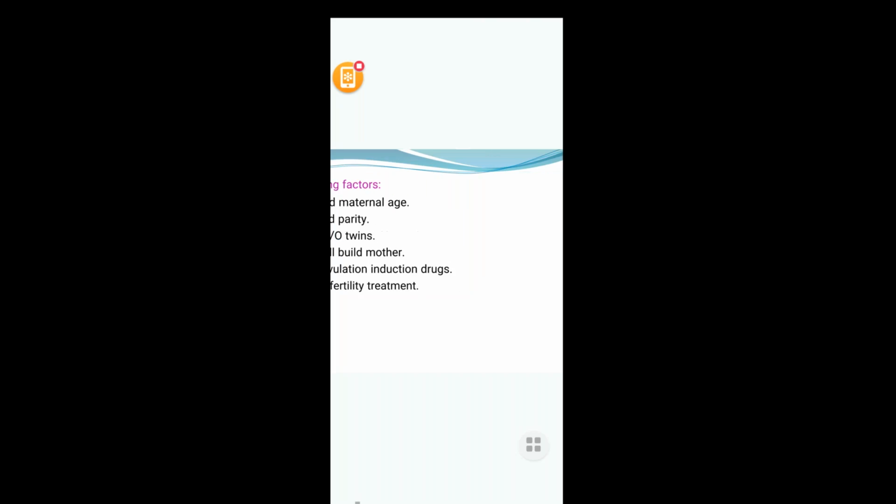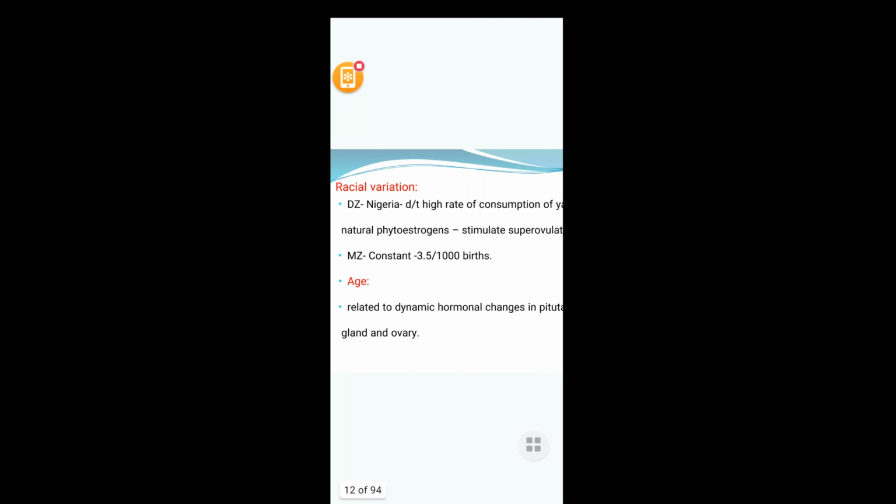Use of infertility treatment. Racial variation also has a role in twin pregnancies because usually we see high twin rates in Nigeria and South Africa because they consume yam, which is a phytoestrogen, like our ovulation drugs, which stimulates superovulation.